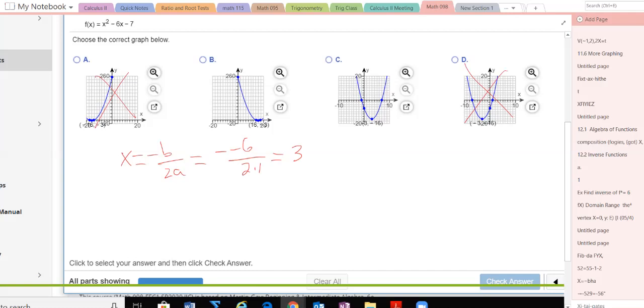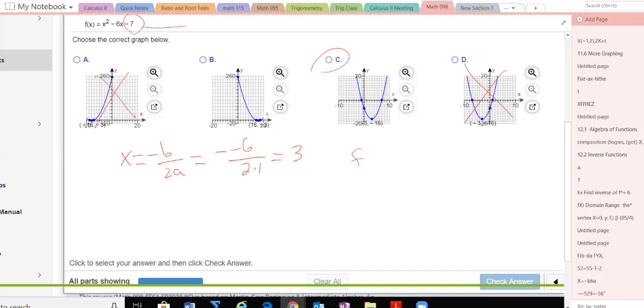So next thing you can check is the y-coordinate using the formula. Or you could say, you know what? Here's the y-intercept. When x is 0, it's got to be this one here. Can't be this one because the y-intercept's positive. So just by eliminating, using a little bit of logic, we know it's this answer.